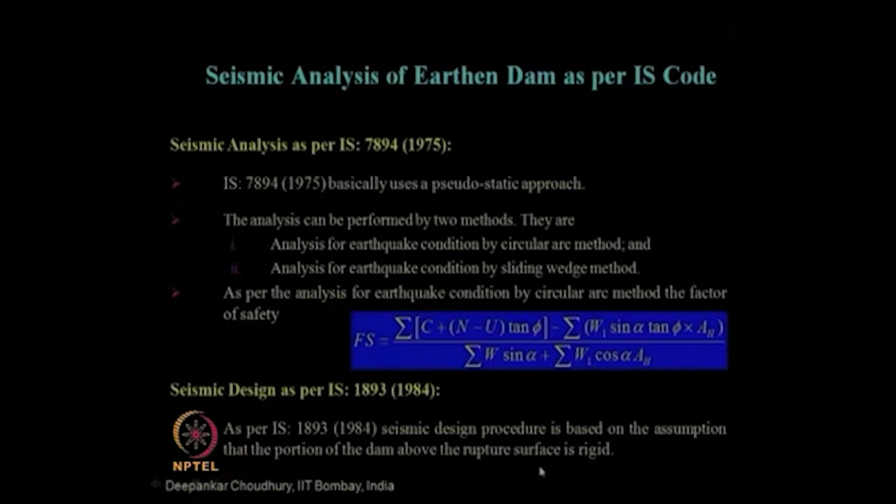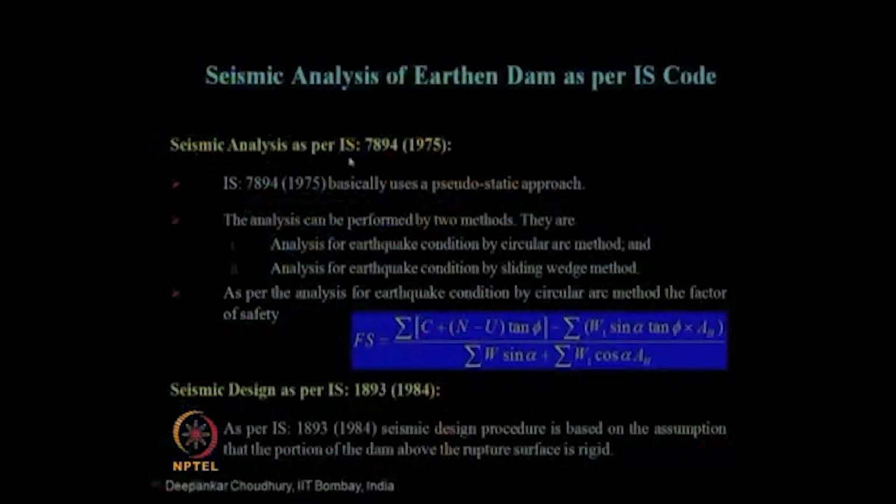Let us now look at the recommendations provided by our Indian design code for design of this earthen dam under seismic condition. Seismic analysis as per IS code 7894 of 1975 version basically proposes that the pseudostatic approach needs to be used.